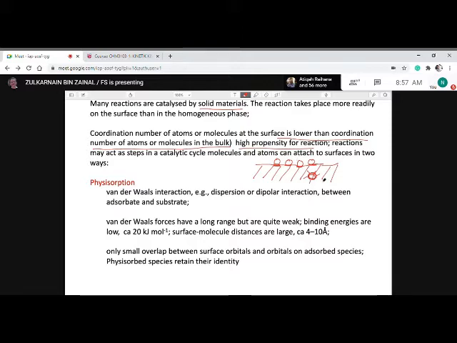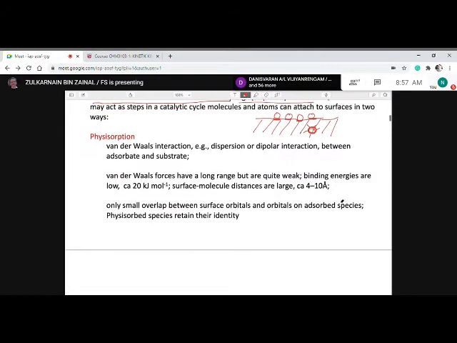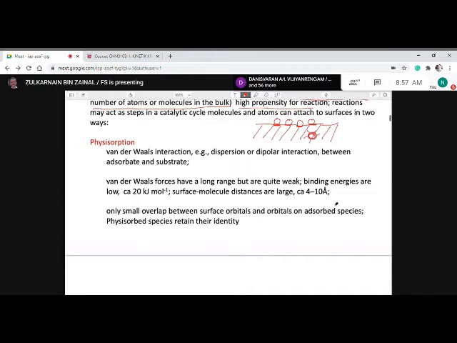All right, so adsorption can occur by physisorption, as we have seen earlier in the previous discussion. Physisorption involves van der Waals interaction, very weak interaction, for example dispersion, of the adsorbate on the adsorbent, or the gas molecule on the substrate.